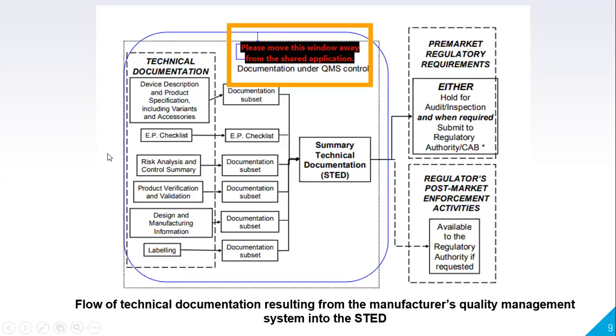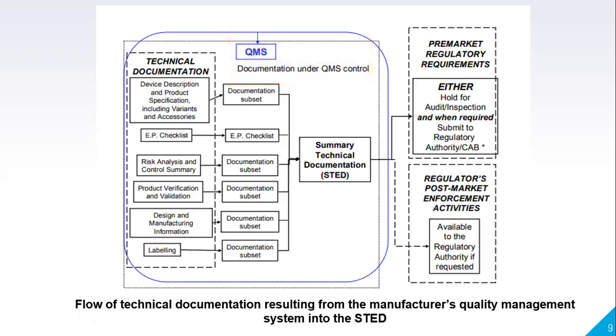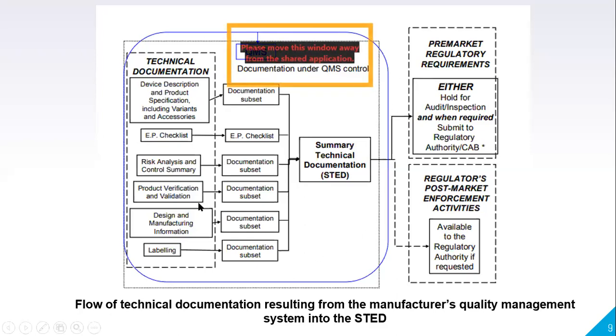యాజ్ పర్ దిస్ ఫ్లో చార్ట్ ఈజ్ యాజ్ పర్ IMDRF. So this entire process is called a QMS. See, whether that particular manufacturer is following the quality management system. How we can call it as ISO.